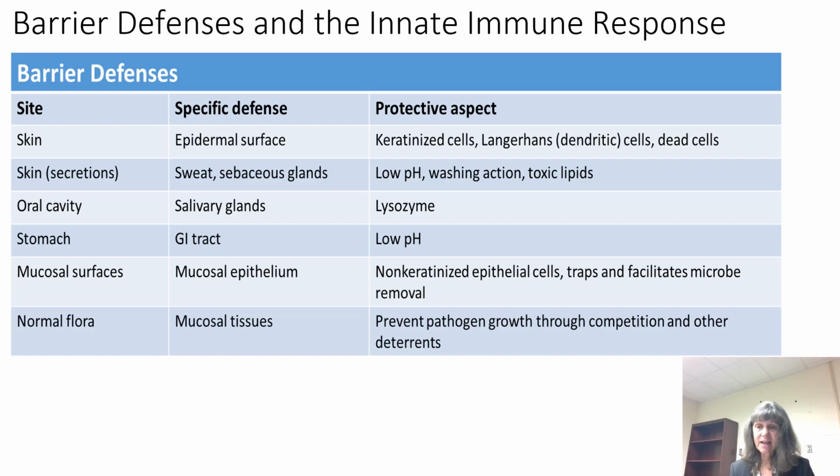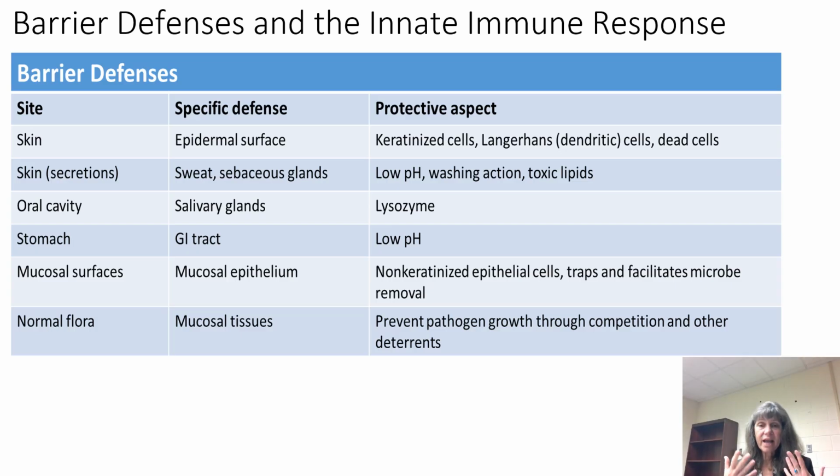And dead cells can actually form a barrier to pathogens. There are different secretions that are produced by our skin, including sweat and sebaceous glands, that produce a lower pH, which makes it more acidic. And then the sweat also provides a washing action. And lipids can be toxic to some pathogens.